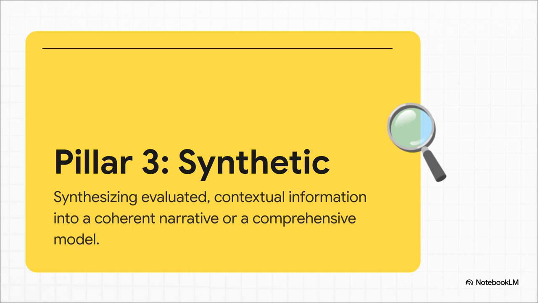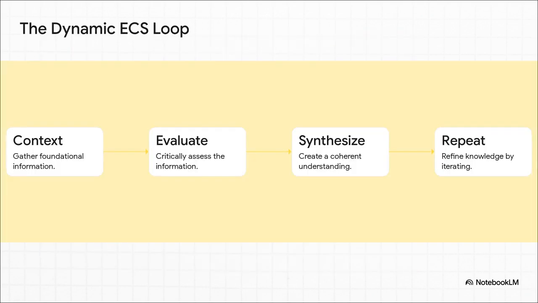And finally, the third pillar is synthetic. This is where the magic really happens. The AI takes all those contextualized, carefully evaluated pieces of information and weaves them all together into a single, coherent, and, most importantly, well-reasoned final answer. Now, what's absolutely crucial here is that this is not a straight line like naive RAG. ECS works as a dynamic loop.